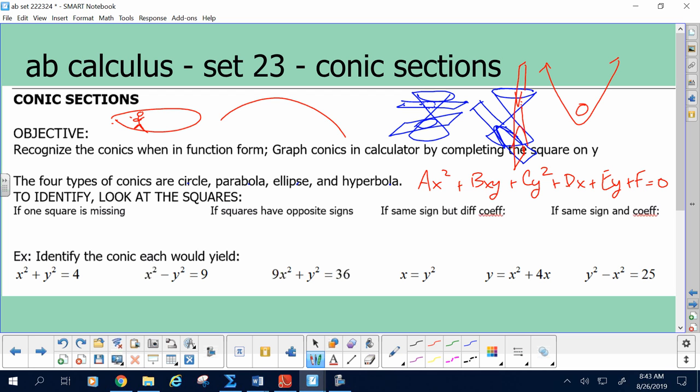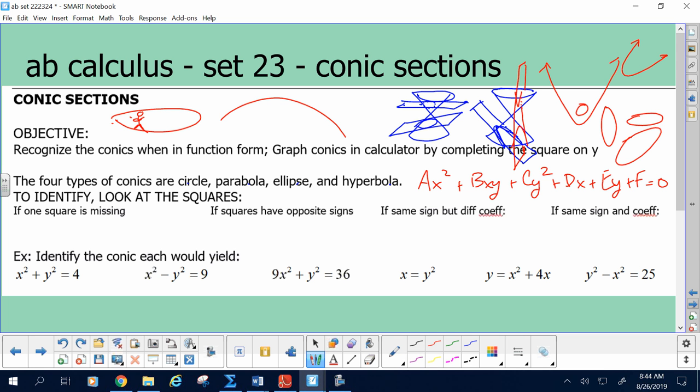B, we don't go there at this school, and it's probably not even taught anywhere until you get to Calc 3. But that is the worst. It is a disaster. This causes rotation of axis. So instead of an ellipse going this way or this way, it'll go this way. Or a parabola will go this way. It is a mess, and it's the worst. So you probably won't go to that B term.